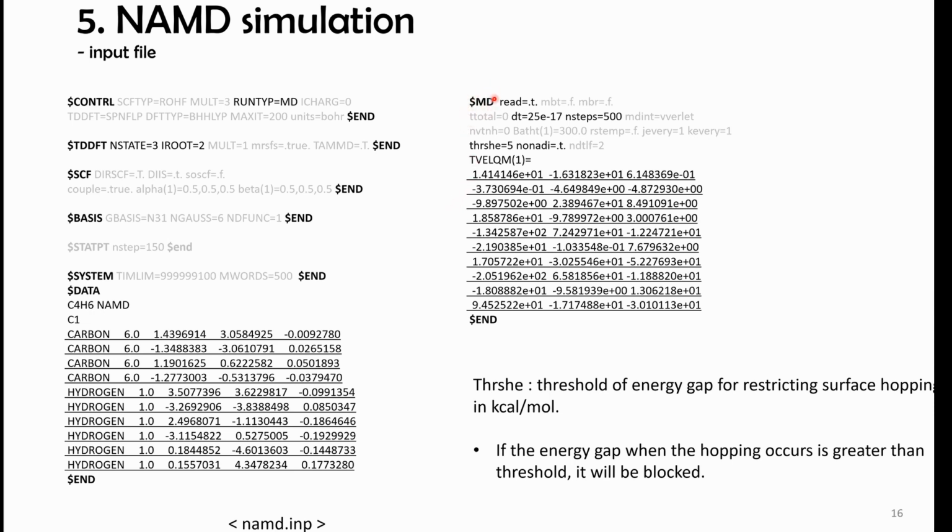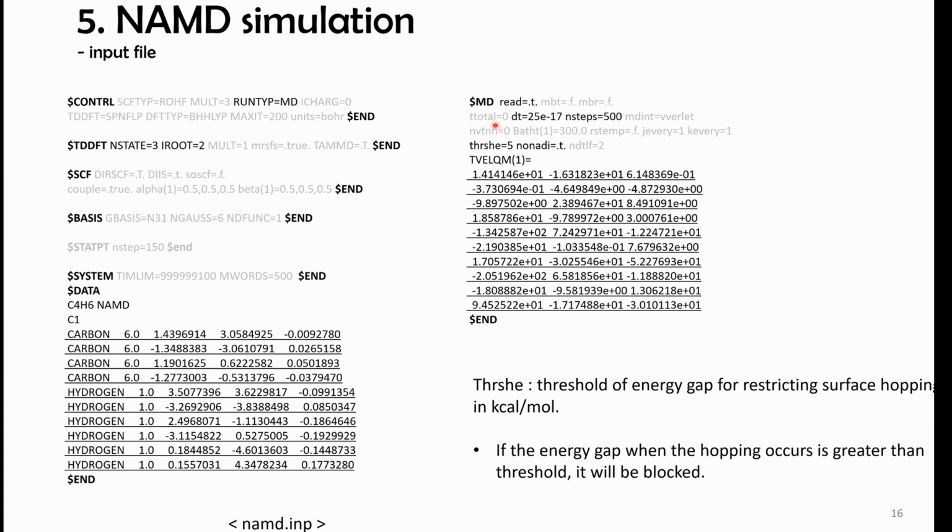And finally, we have one more MD group. In this MD group, you should turn on this read flag, because read means it will read these velocities. Otherwise, GAMESS generates random velocities. And these are the ensemble to be used.